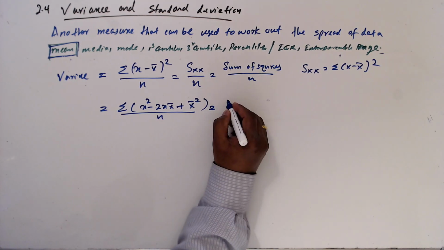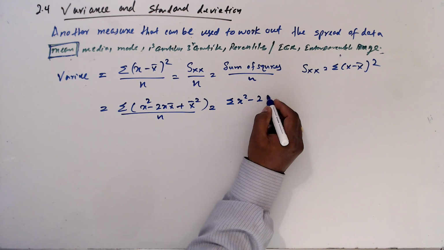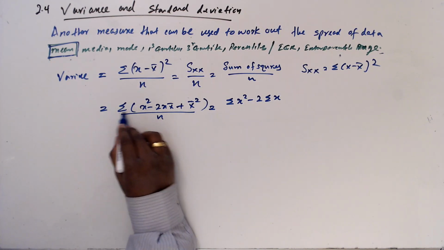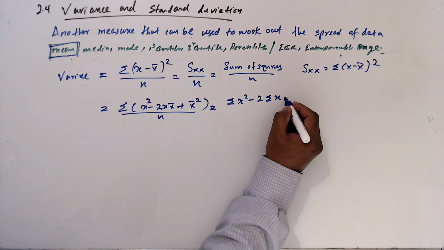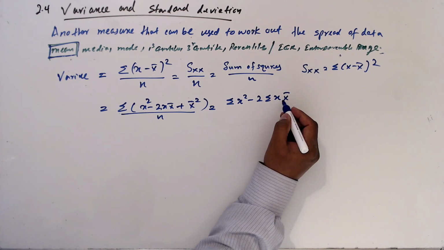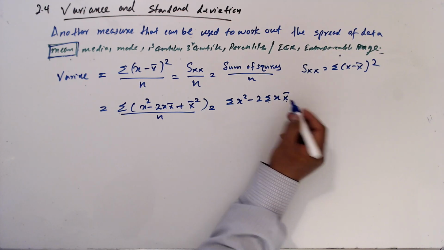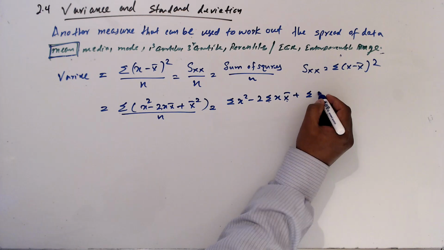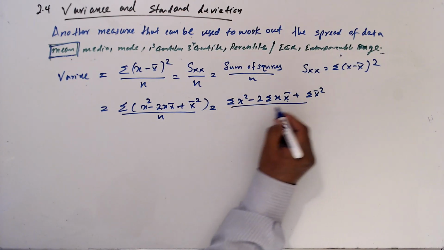Then this is going to be summation x square minus 2 summation x. I'm expanding with the summation. I put it inside here because 2 is a constant, and x bar is also a constant, so there is no influence of sigma on x bar, and then sigma x bar square over n.